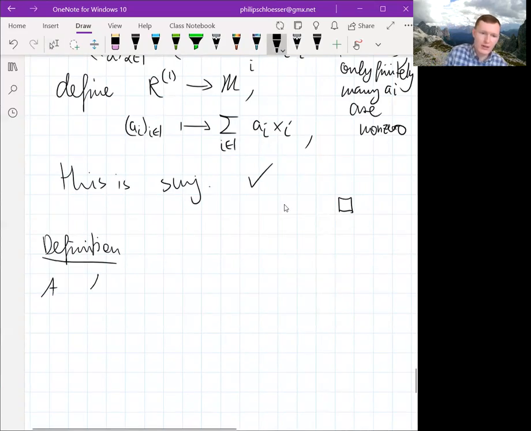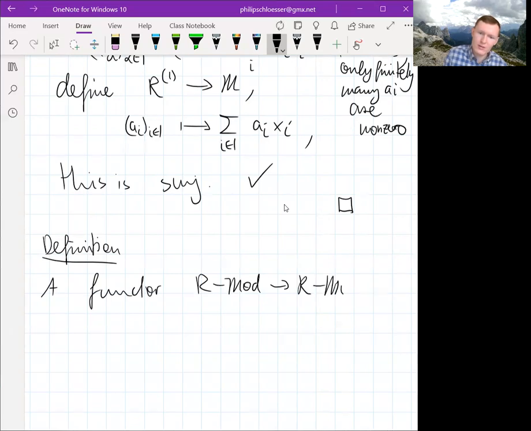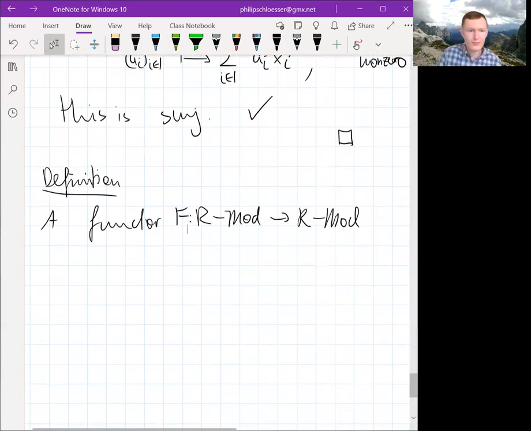So if we have a functor from the category of R modules to the category of R modules, or generally between two abelian categories, and we have a short exact sequence, then this sequence is again mapped to some sequence of maps by this functor, but we don't know if it is exact again. And if it is in some way, then this is a special property for the functor.